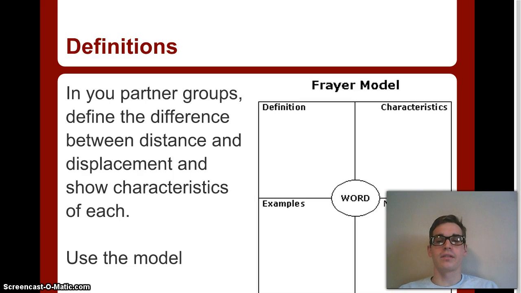Okay, so let's think of displacement now. What's a good definition for displacement? Okay, good. Yeah, the distance or position changed. Very good. What are some examples of displacement?